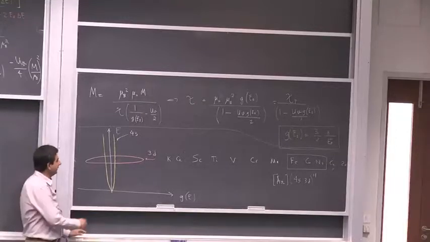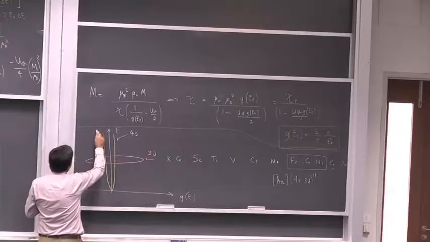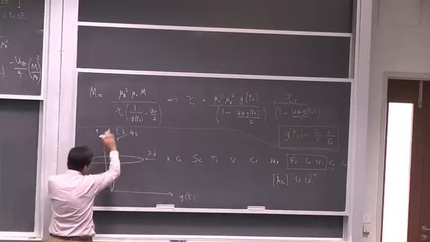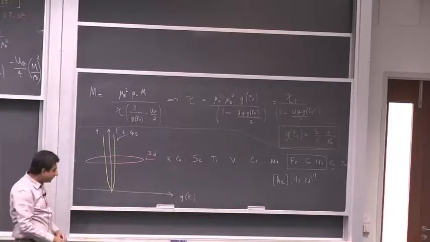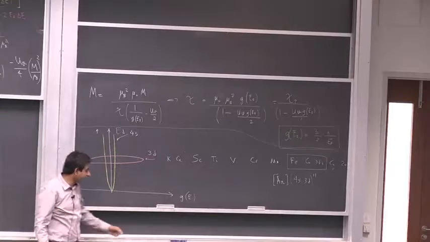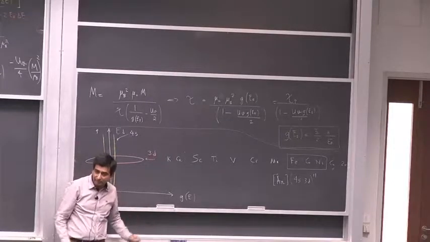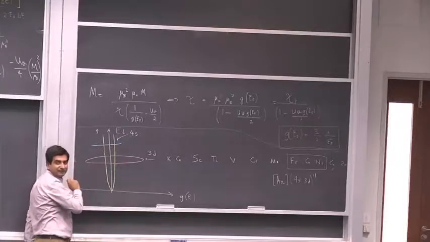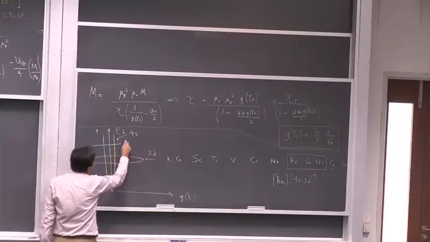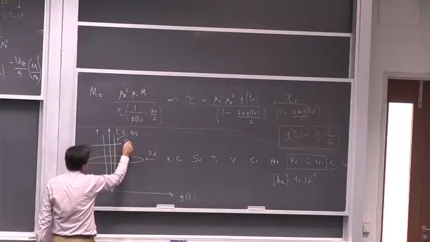One of these channels is the spin up channel, the other is the spin down channel, so I'm trying to split the spins. Now the Fermi level for this system is going to lie somewhere. Suppose it lies here. For copper it does lie somewhere here.